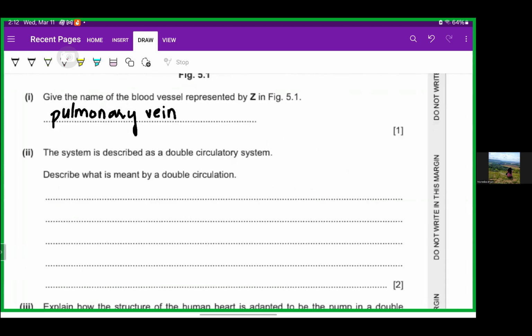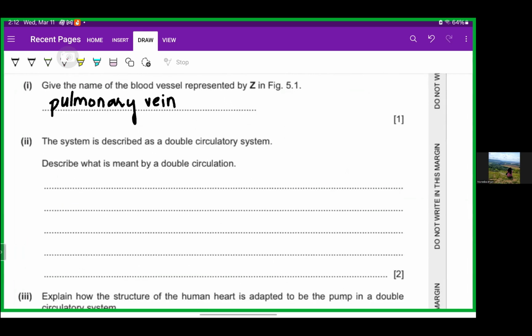Okay, the next question: the system is described as a double circulatory system. This is a very high yielding question, and in cases of hard questions, it usually comes. So what is meant by double circulation?